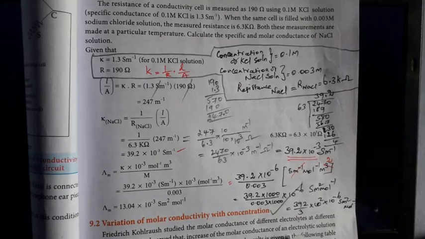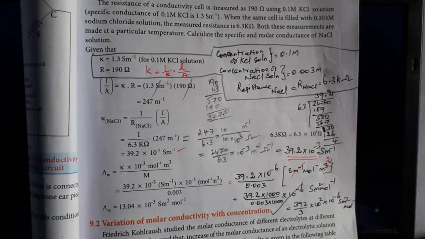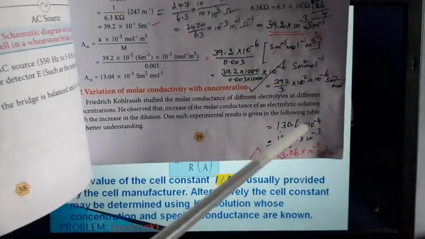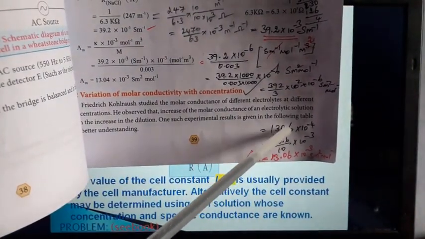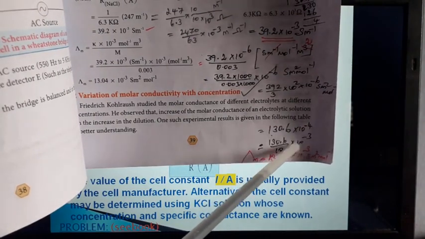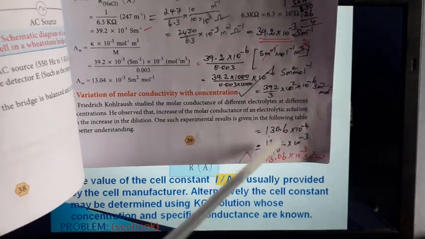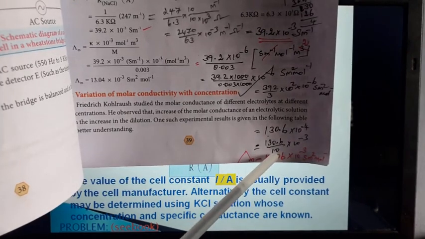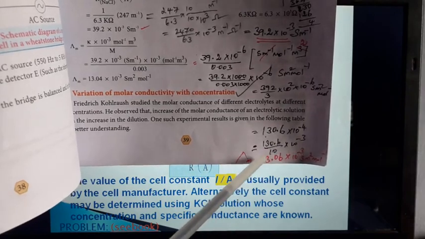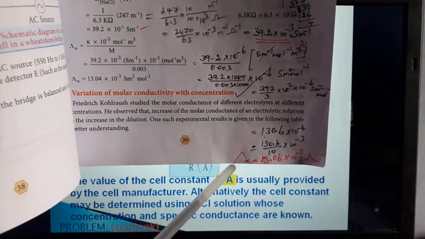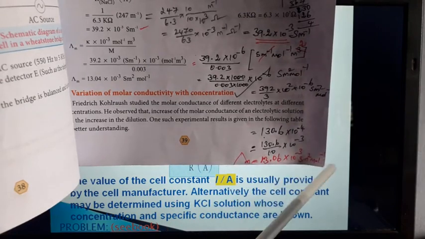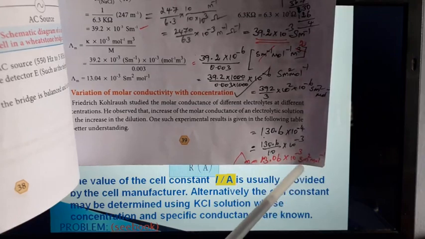Here I make the calculation: 130.6 into 10 to the power of minus 4, so 130.6 divided by 10. So lambda m is equal to 13.06 into 10 to the power of minus 3 S m square per mole. This is the final answer in this problem.